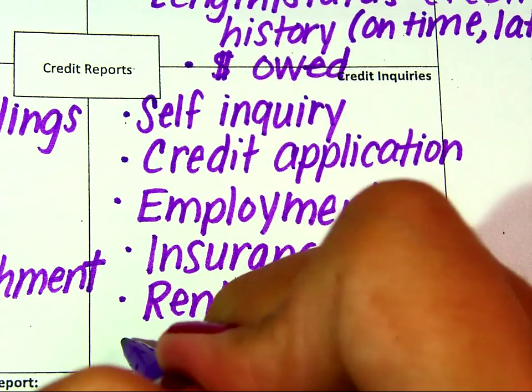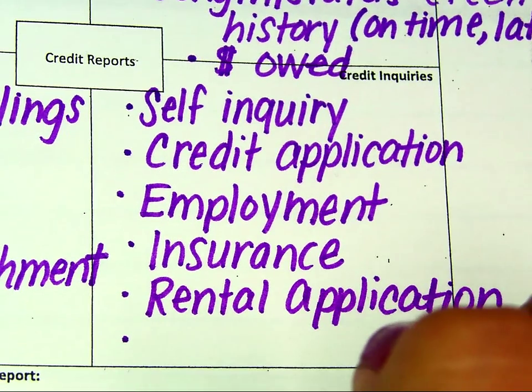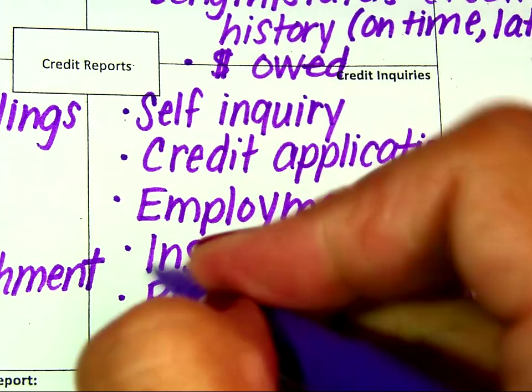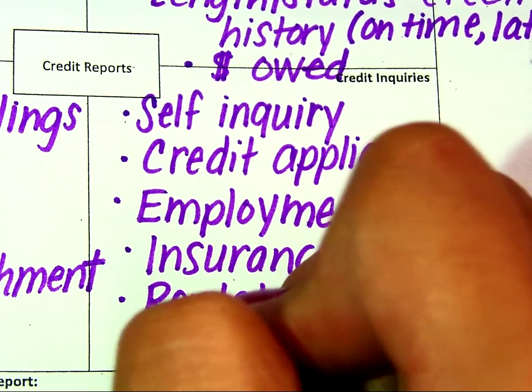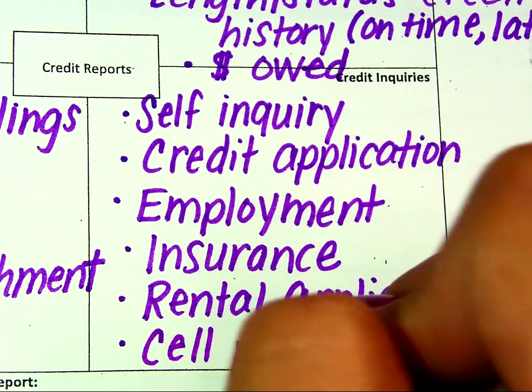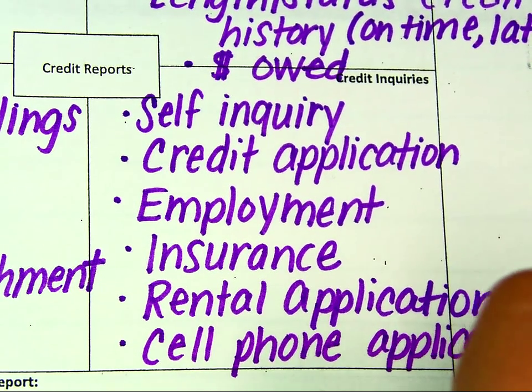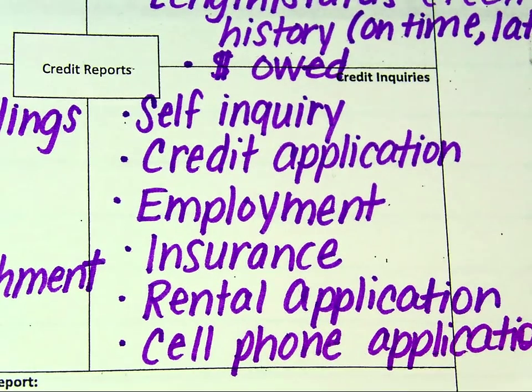And then probably the one that most young people will be familiar with and will probably do first is when they apply for a cell phone. So when you apply to have your own cell phone, they will run your credit history.